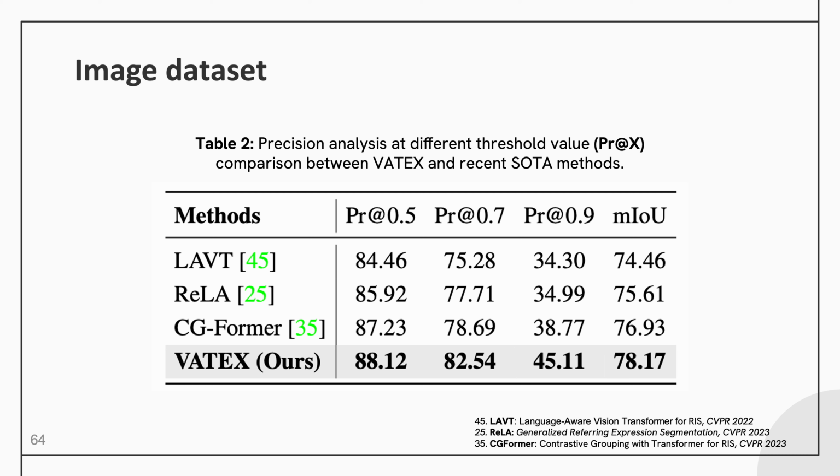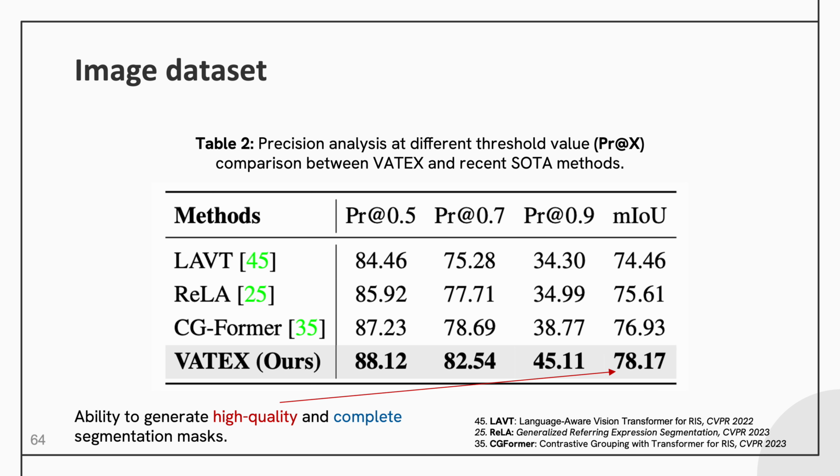Furthermore, VATEX also demonstrates superior performance over LAVT, ReLA, and CG, the former on average precision metrics, particularly at precision at 0.7 and precision at 0.9, illustrating our ability to generate high-quality and complete segmentation masks.